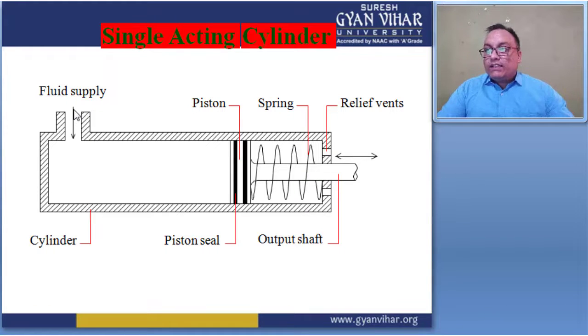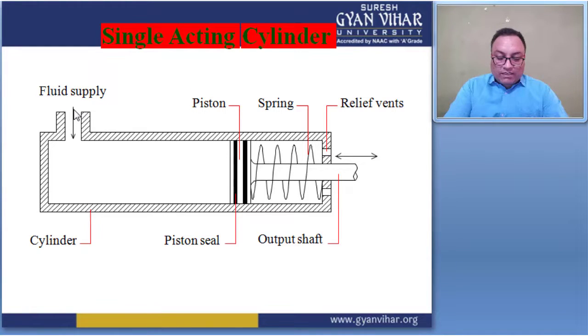And the single acting cylinder also has some disadvantages. If the spring fails, the actuating unit does not perform properly, and the spring takes up space and limits the working stroke of the cylinder.